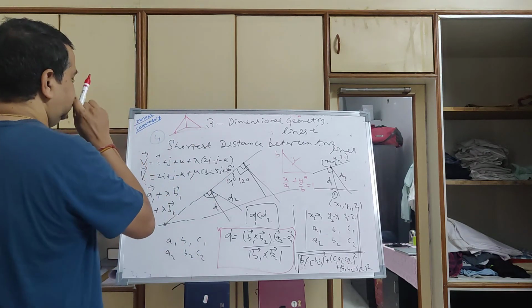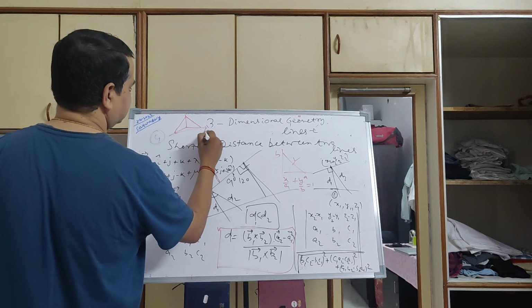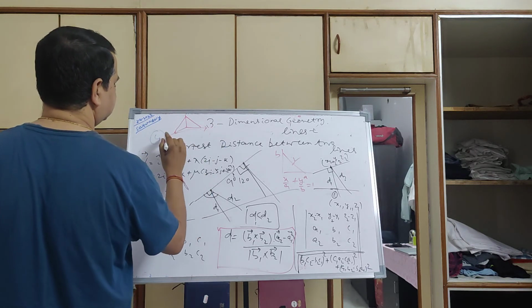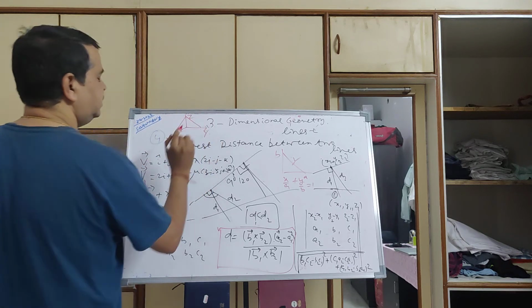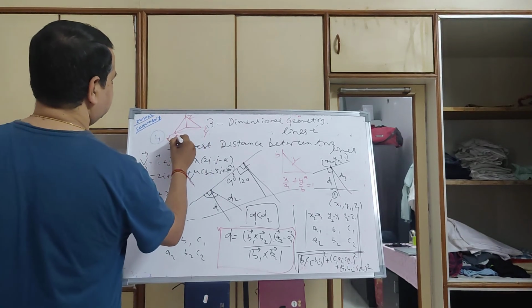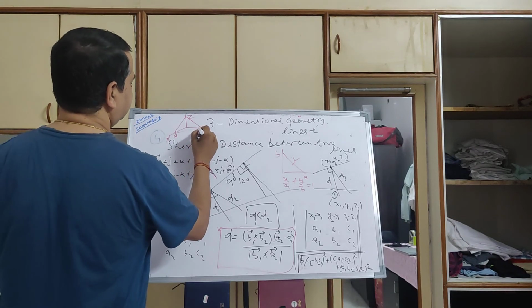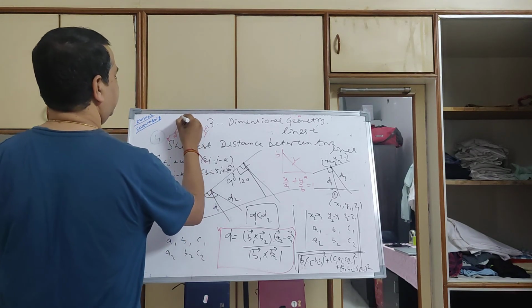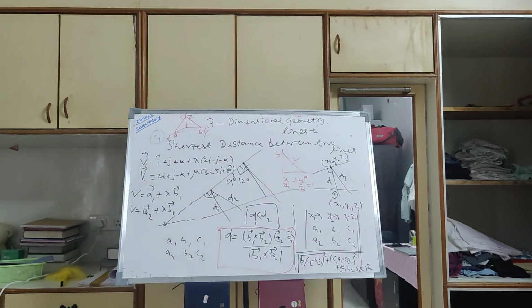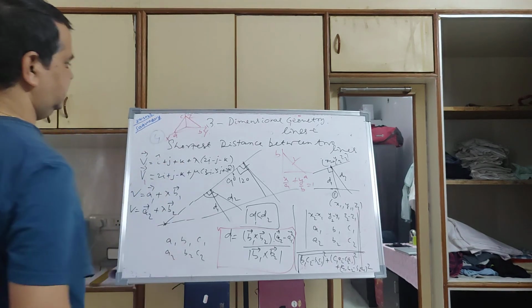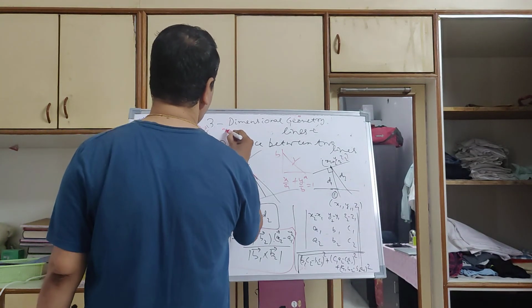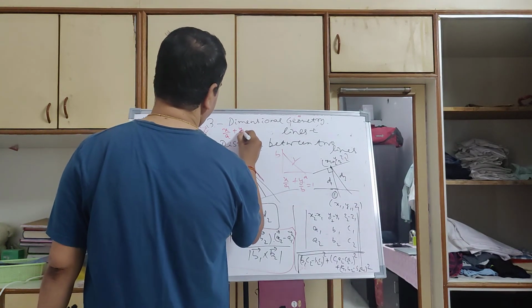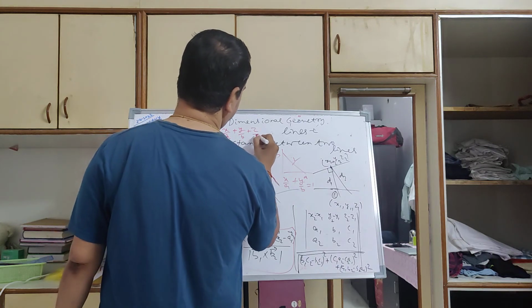In this case, let us say this is x-axis, this is y-axis, this is z-axis. So your x-intercept is A, y-intercept is B, z-intercept is C. If you want to write the equation of a plane in intercept form, the equation will be x by A plus y by B plus z by C equal to 1.